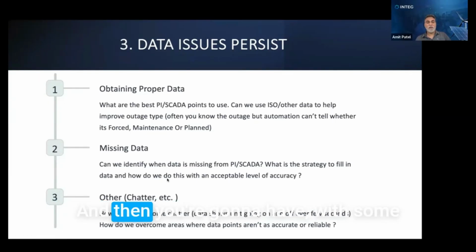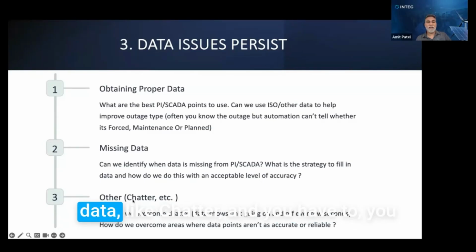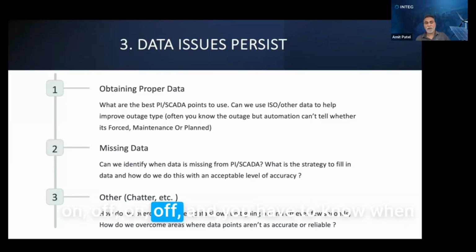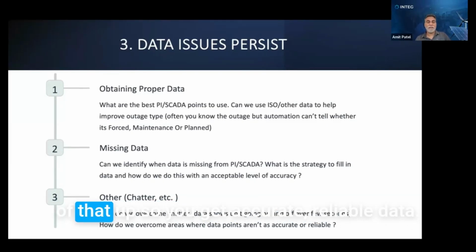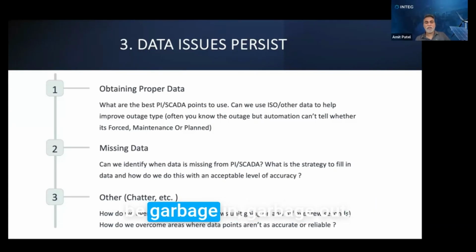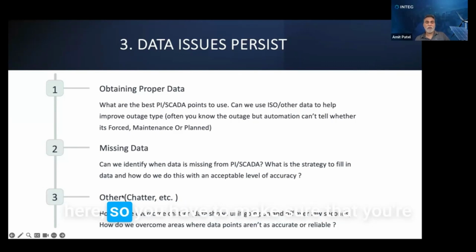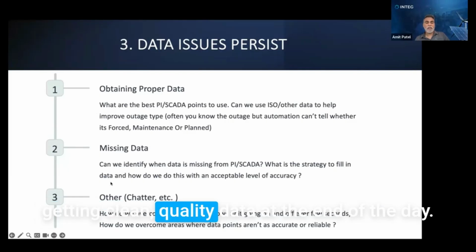And then with some data you're going to have chatter, where sometimes your breaker goes on, off, on, off, on, off, and you have to know when you're getting that and be able to clean all of that up so you get accurate, reliable data. Otherwise, it's just going to be garbage in, garbage out. And remember, you're getting a ton of data here, so you have to make sure that you're getting clean quality data at the end of the day.